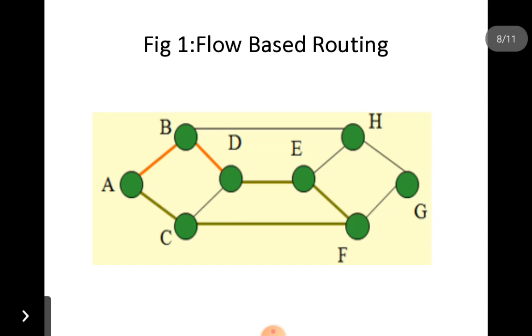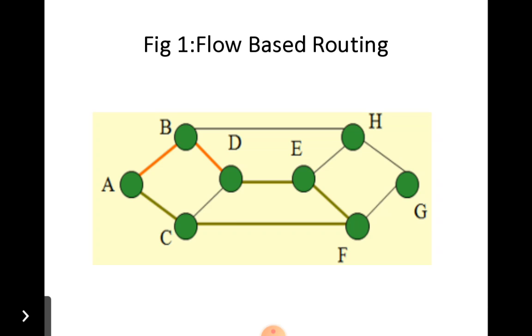Now I am going to discuss the diagram of flow-based routing, and how we follow the path. As we know, the shortest path for sending the packet from A to D is through B. But flow-based routing does not consider it due to traffic. So flow-based routing considers another path other than the shortest path.